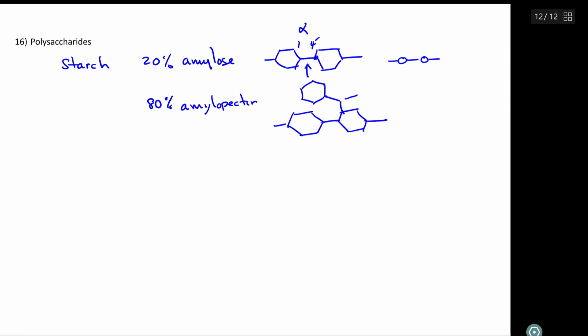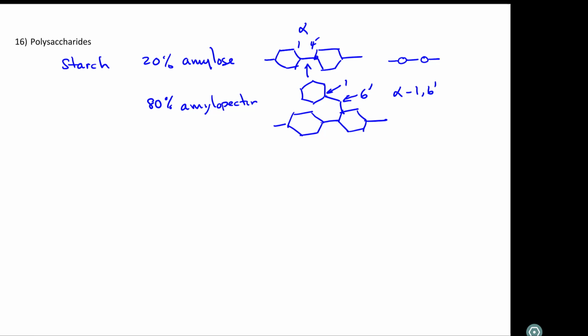Remember, this is the number 6 carbon, so you could call that 6 prime, and this is 1. So this is an alpha 1,6 prime glycosidic bond.